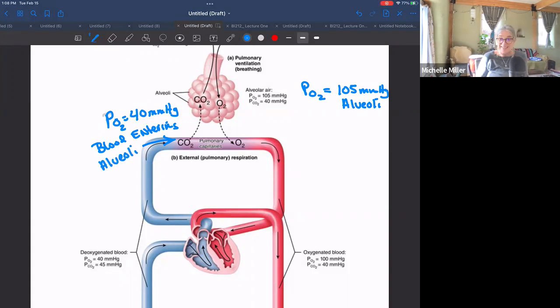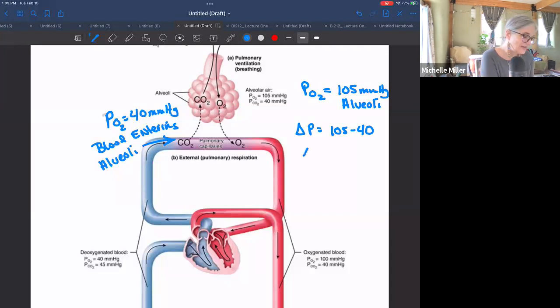So it's designed so that when we have the blood coming in, this difference in pressure would equal 105 minus 40, which would be what? 100 minus 40 is 60. So that'd be like 55. No, 65.